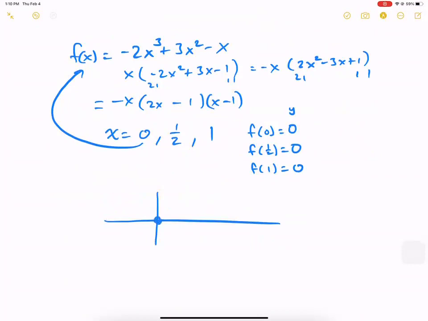This is 0. Call this 1/2. And 1. These are the zeros of this graph. I could then plug in every value in between to figure out what the graph looks like.